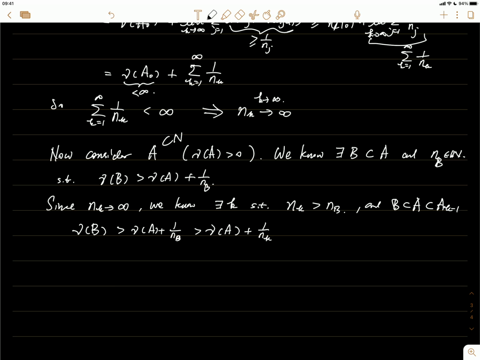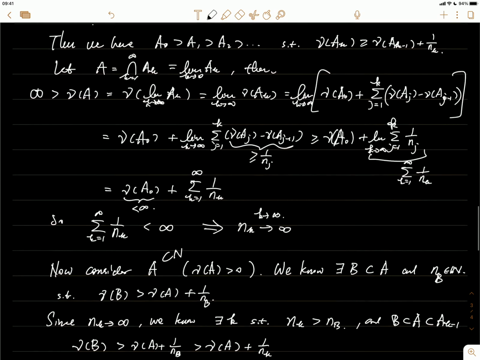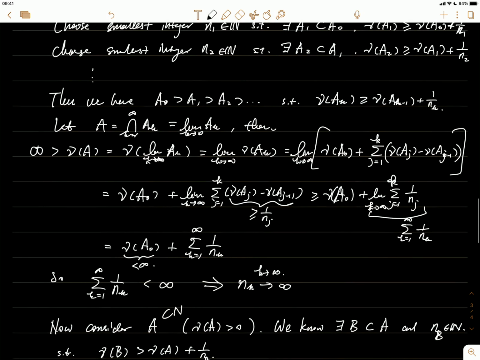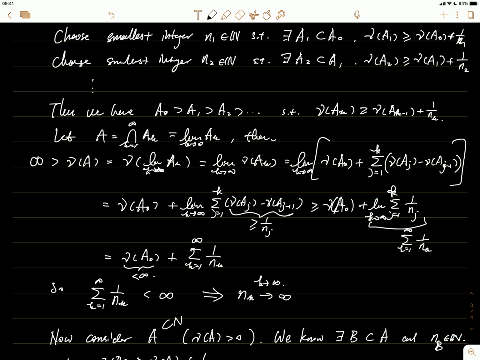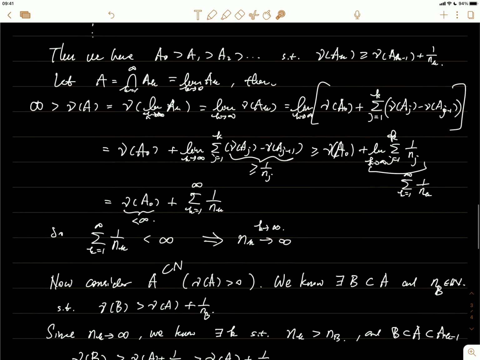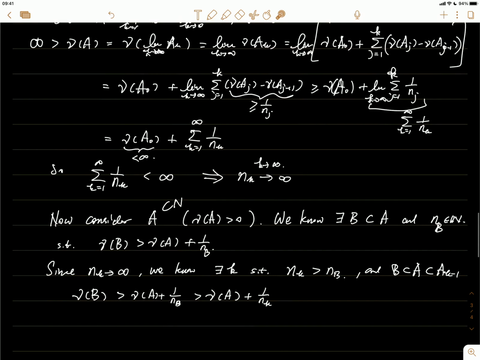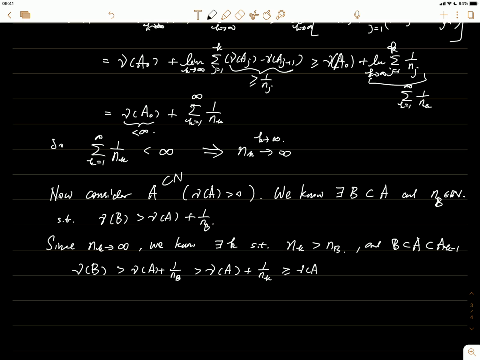But remember that the measure of A is bigger than any one of them, right? Because this sequence has an increasing measure. nu of A1 is less than nu of A2, and eventually they are all less than nu of A. So that's why this first term is at least nu of A k minus 1. Actually, it's bigger than, but it doesn't matter since we already have a strict greater than before.